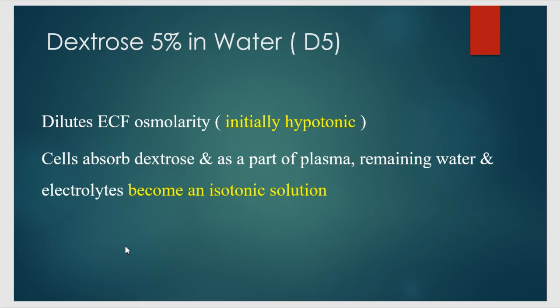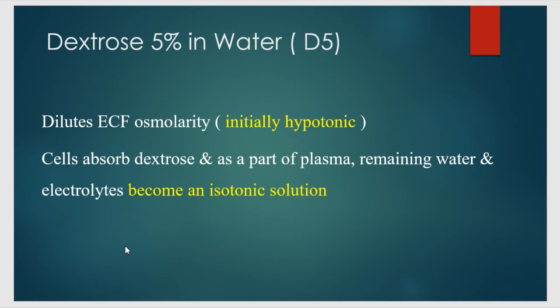Dextrose 5% dilutes the extracellular fluid. Initially it is hypotonic, and that's why it dilutes the ECF and osmolarity decreases. When cells absorb dextrose, and the remaining water after absorption of dextrose and electrolytes becomes part of plasma, it becomes isotonic with plasma tonicity.